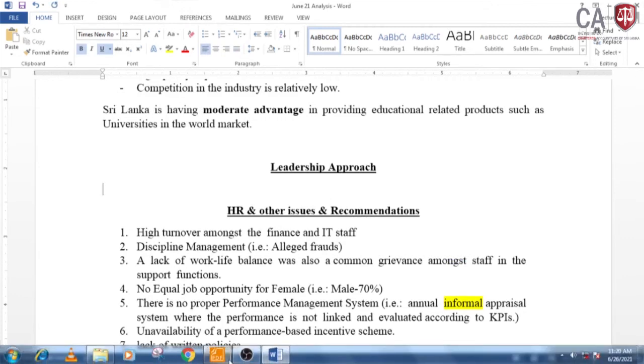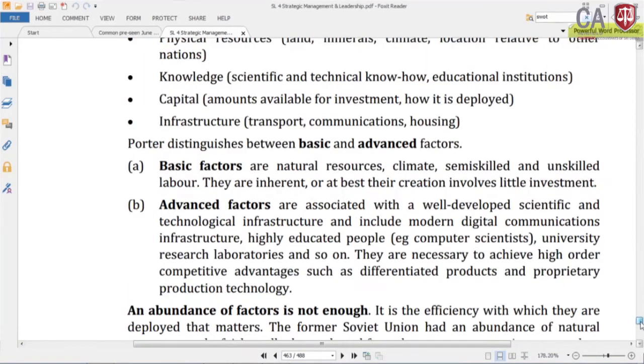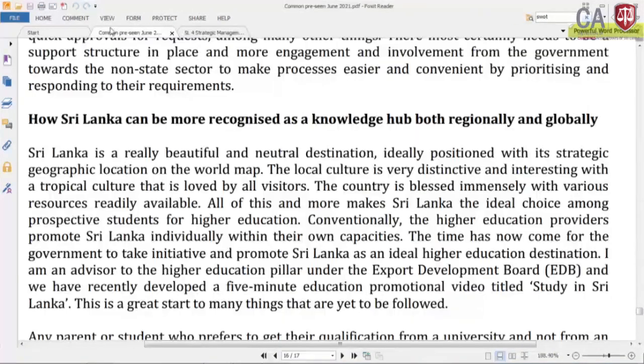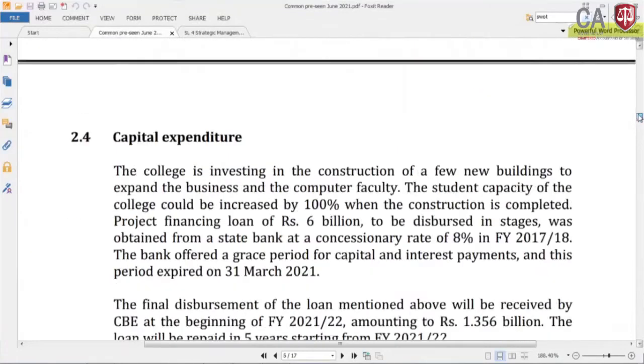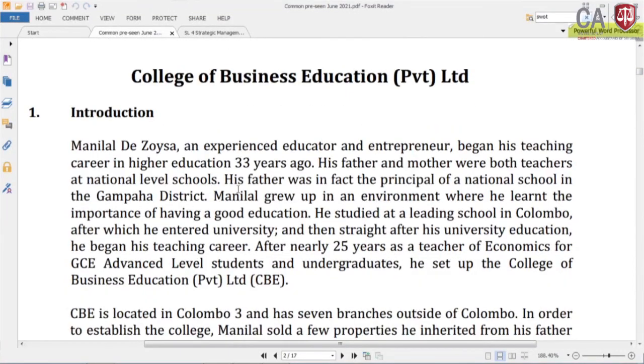Have you got the case information given? At the beginning some information is given about the owner.